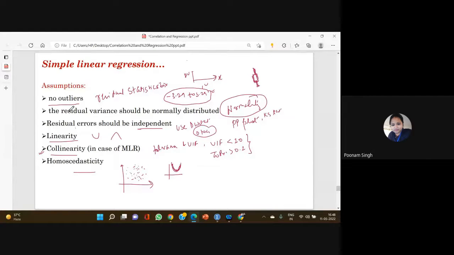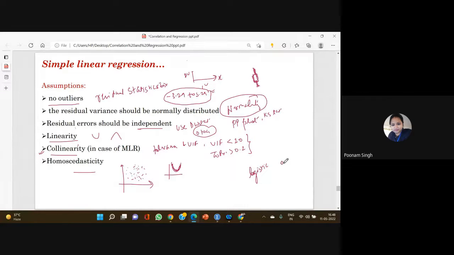And if these assumptions are violated, then you may not be able to use linear regression, but you still have options. Even if the assumptions are not being met, you still have options. You will not be able to use simple linear regression in that case, but you can still use another method, that is logistic regression, where the outcome variable is dichotomous.